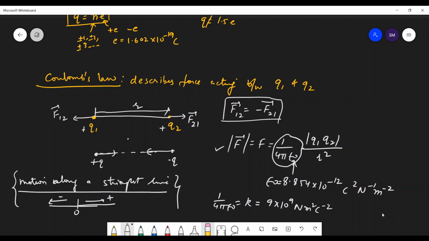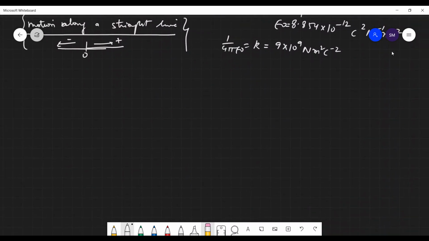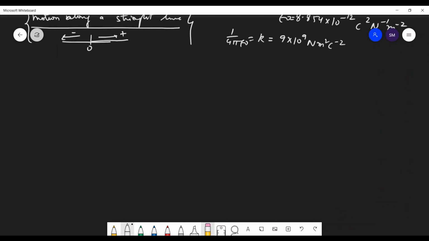Now further, if I want to write this law in vector form, then you have that figure 1.6 in your book.